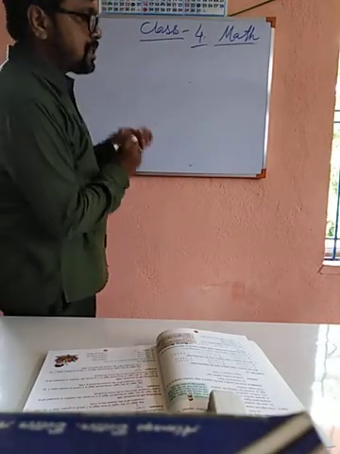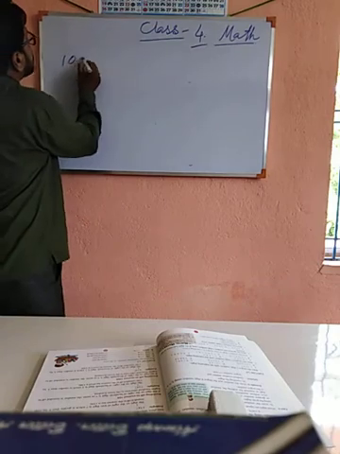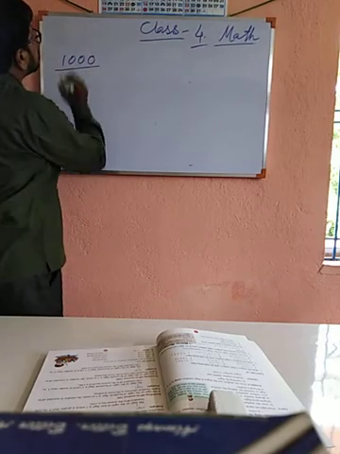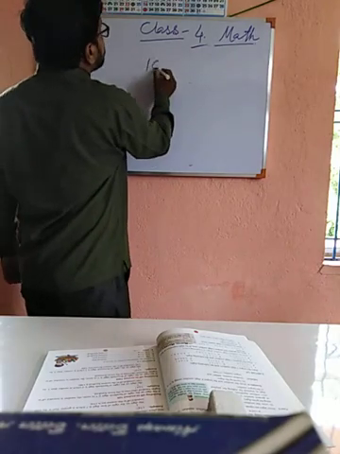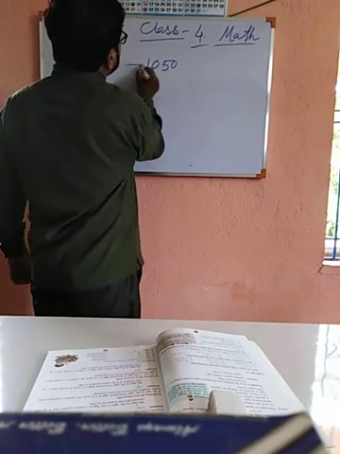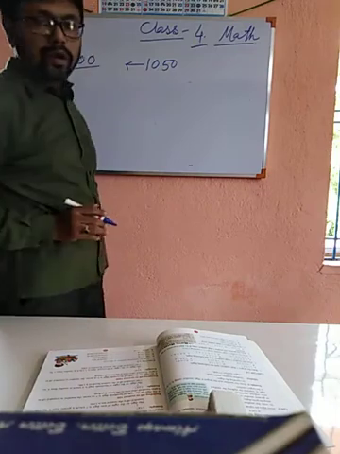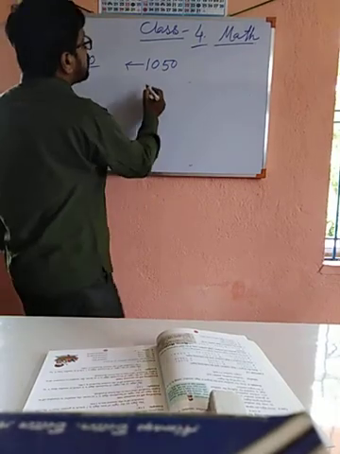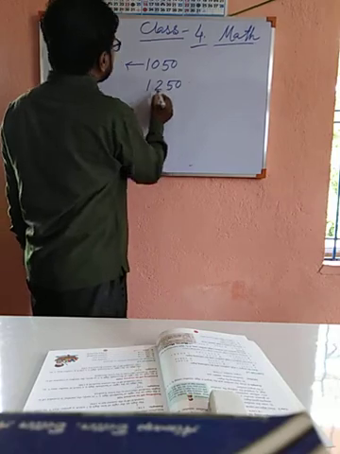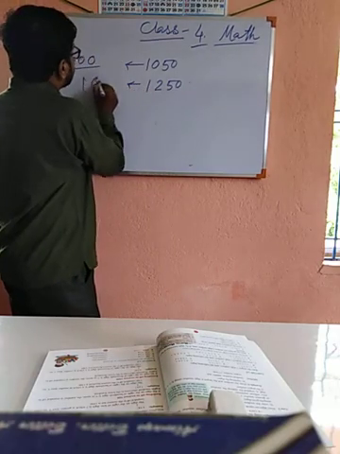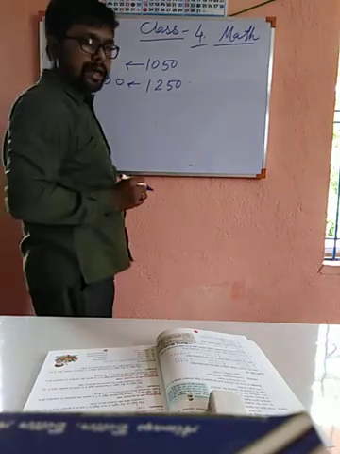Lowest number is 1000. Now if it is 1050, the nearest 1000 is 1000. But if it is 1250, that is also 1000.